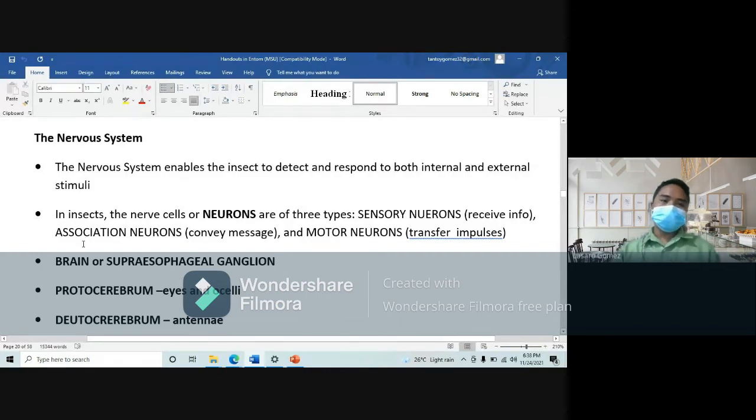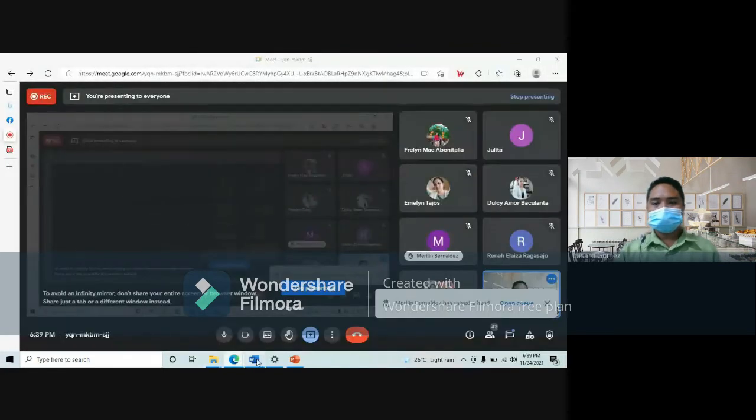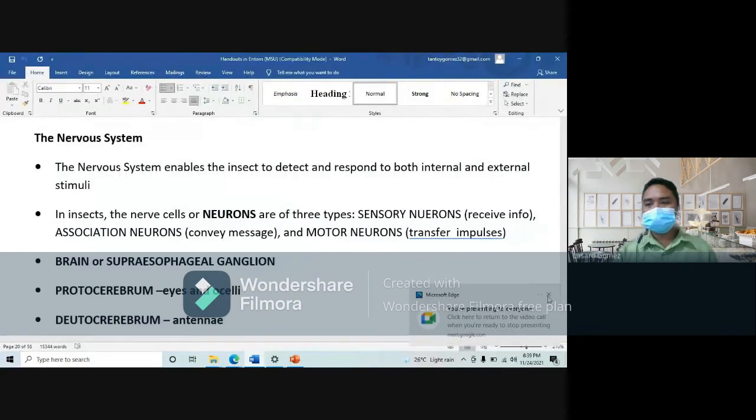Accordingly, in insects, the nerve cells, or neurons, have three types. One is sensory neurons, where the function of the sensory neuron is to receive information. The same is true with us.